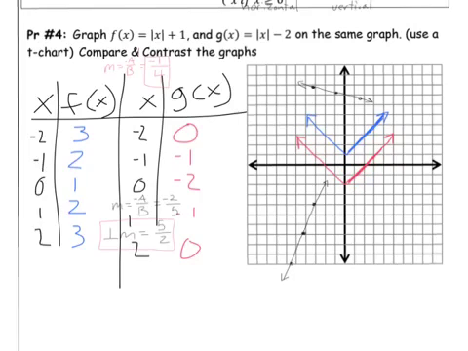And that moves that little v graph down 2 units. So it looks like these numbers on the outside here just move the v up or down. And that's it. So that's kind of nice. We can deal with that. So, you know, if I was to say absolute value of x plus 5, well, that's probably just going to shift the whole thing up 5 units. That's it. So let's go on to the next page.